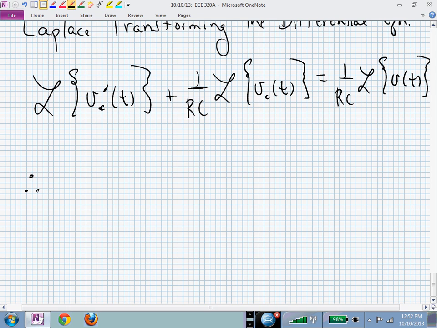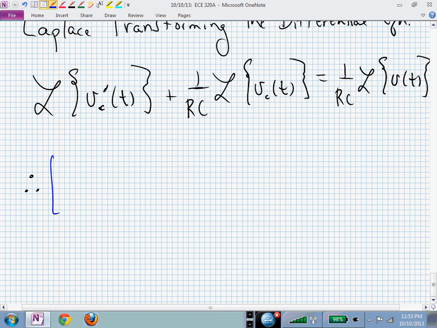What does this first piece produce when I Laplace transform a derivative? That was probably part of your homework, or at least we derived that in an earlier lecture. What happens with the derivative when you Laplace transform it? Where does S go? How does S appear in the formula? You're multiplying.